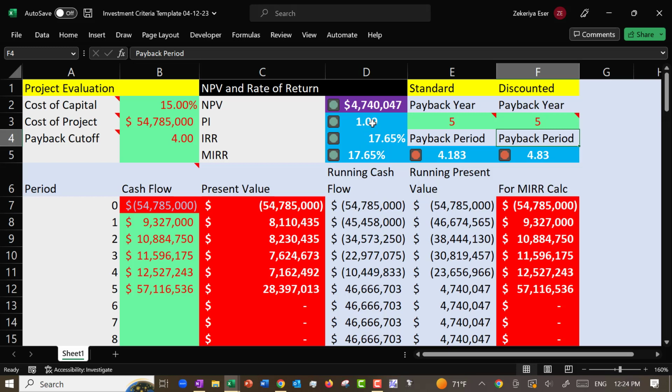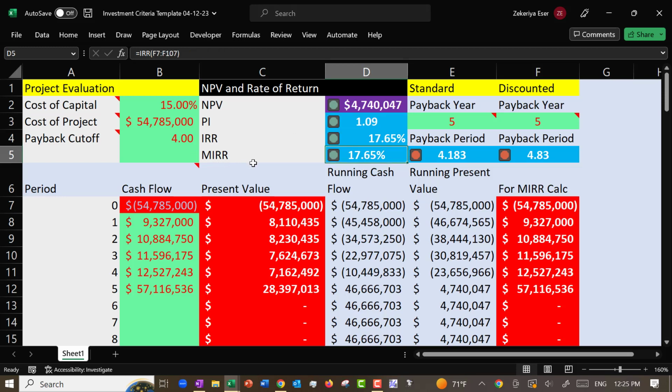It's rather useful. This one is called PI, Profitability Index. It's basically present value of all future cash flows divided by initial cost. So for each dollar you put in, you get back about 9 cents in present value terms, over and above the cost.